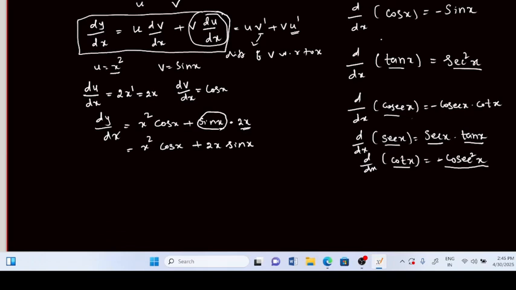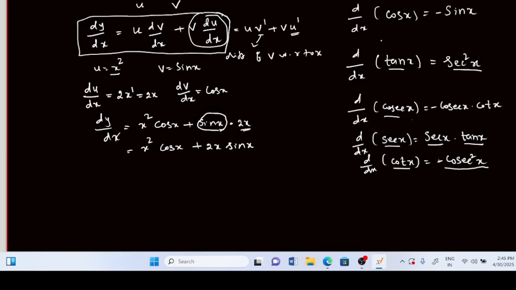So now we do some more problems related to the product rule. I am considering y equal to x power 3 into tan x. Let us consider u equal to x power 3.